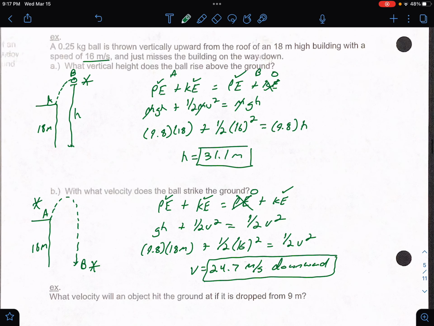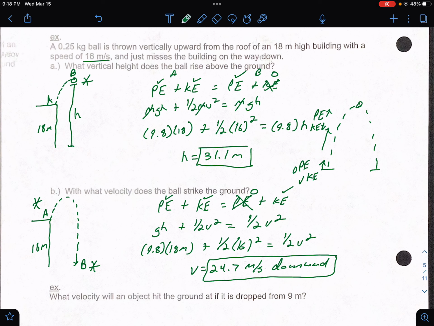So like if I launch something up, this is just an example. Let's just say from the ground. From the ground, I have 0 potential energy, and I have all kinetic energy because it's got to go up with a velocity. Now, as you start going up, potential energy is going to increase because you're getting more height, but kinetic energy is going to decrease because you're slowing down.